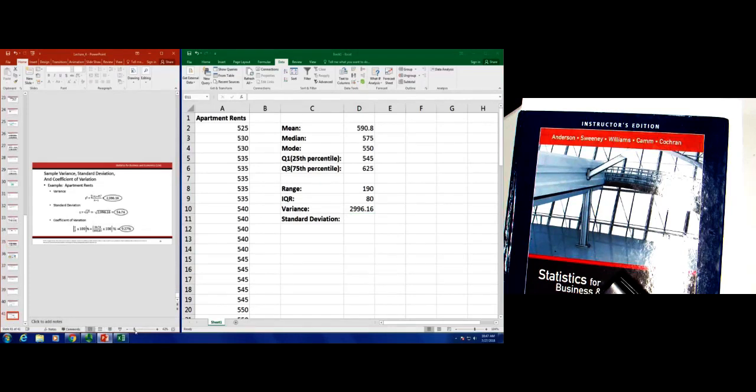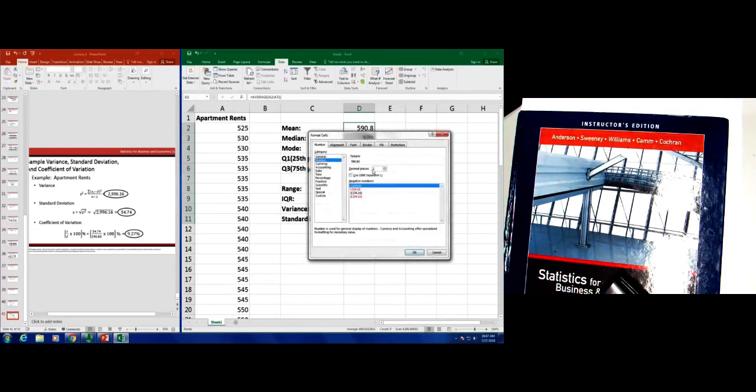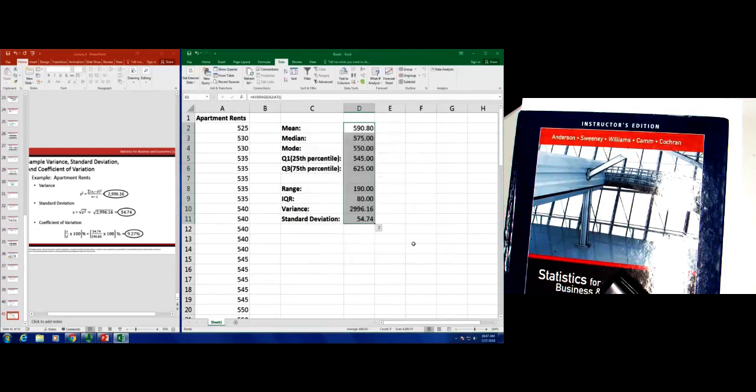Variance is 2996.16, and the standard deviation, STDEV.S, which is the square root of the variance, is 54.74. And you can format this: go to Format Cells, Number, decimal places, 2 decimals is good. These are descriptive statistics, numerical measures.